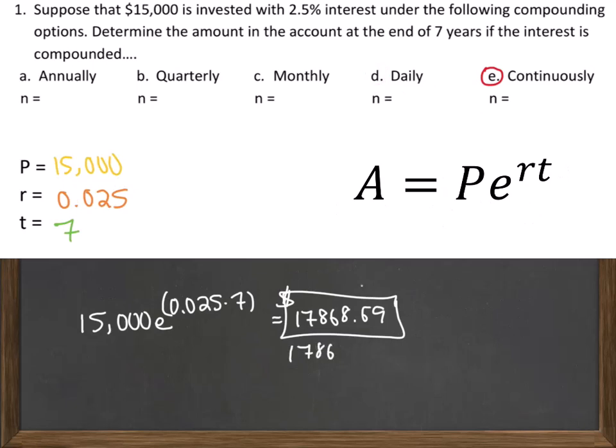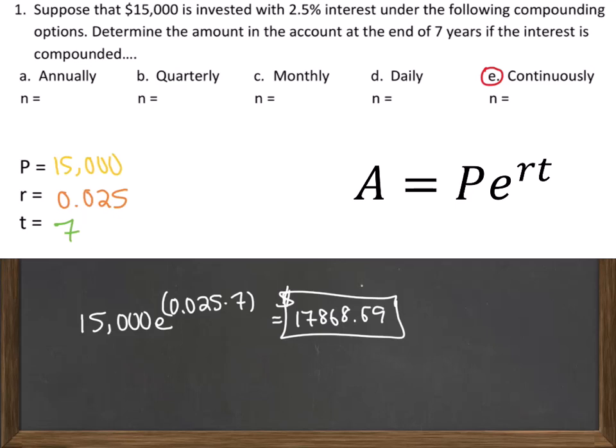So when we compare, this is n equals 365, and this has no n because we're continuously compounding. There's only a 10-cent difference. So again, as we increase n, we get closer and closer to continuous compounding, we kind of saturate there.